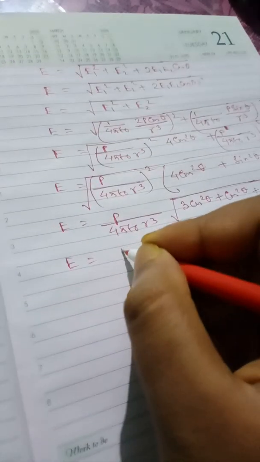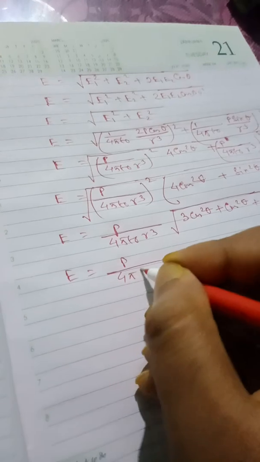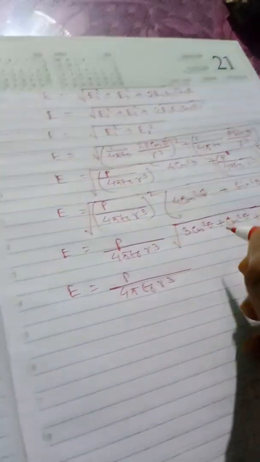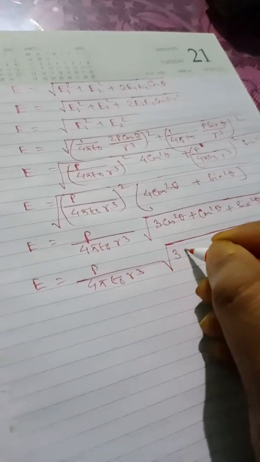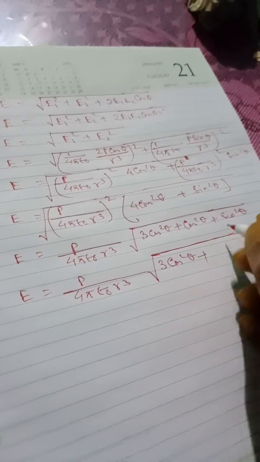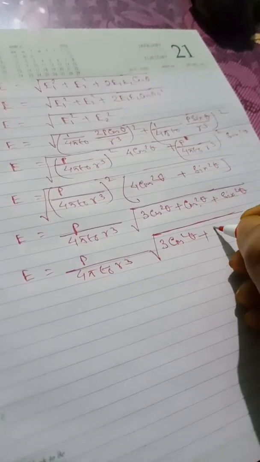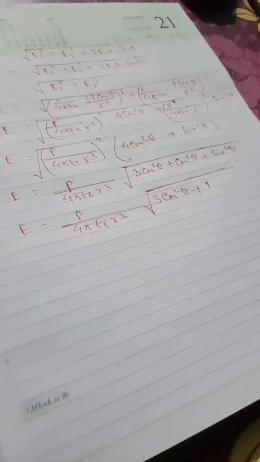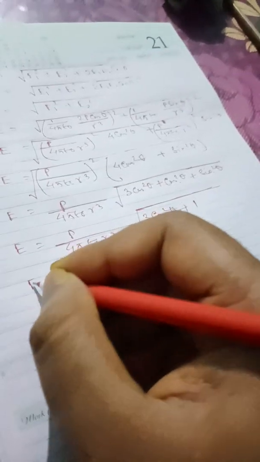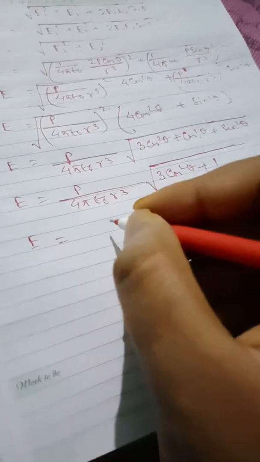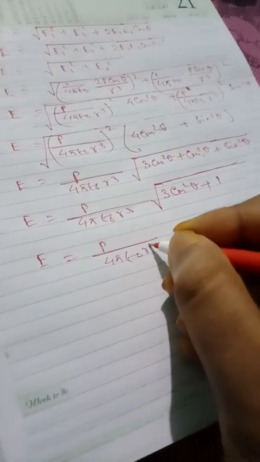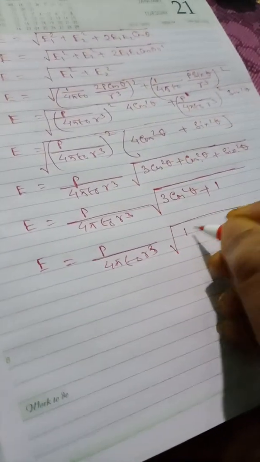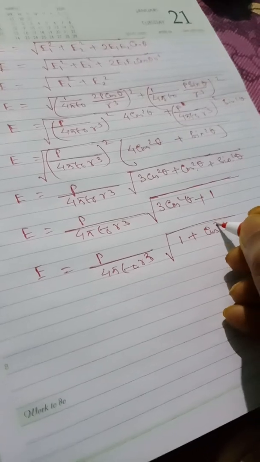So E is equal to p by 4 pi epsilon naught r cube under root, this cos square theta plus sin square theta means what? 1. So from here you can write E is equal to p by 4 pi epsilon naught r cube root of 1 plus 3 cos square theta.